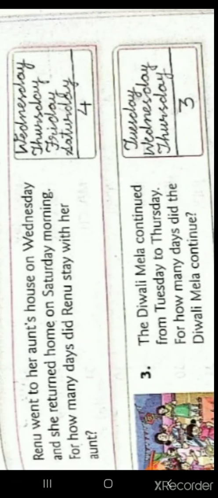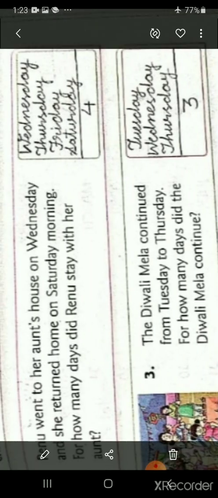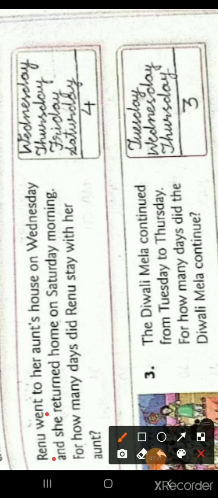So I am showing you here number 2. Here is the question: Renu went to her aunt's house on Wednesday, and she returned home on Saturday morning. For how many days did Renu stay with her aunt?